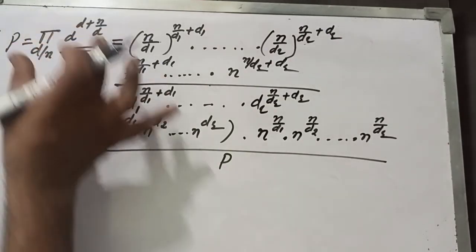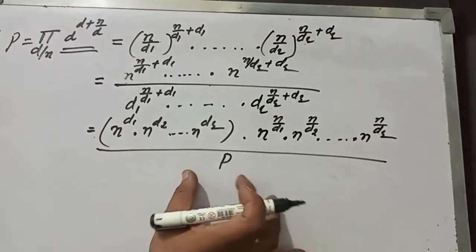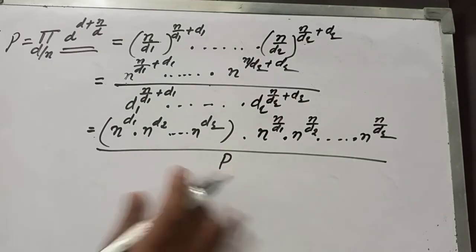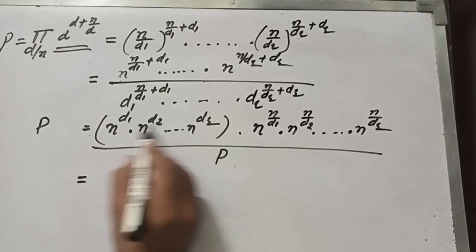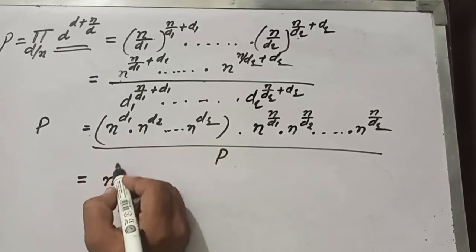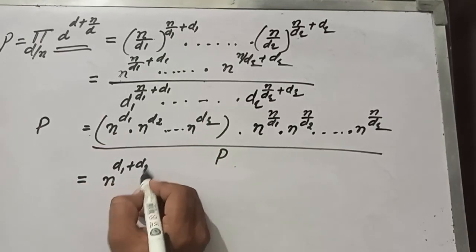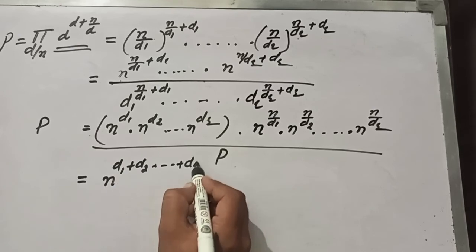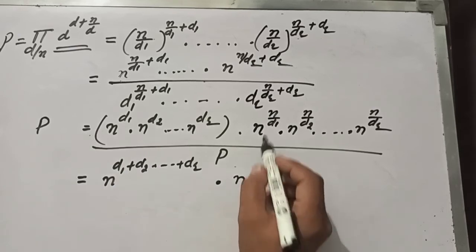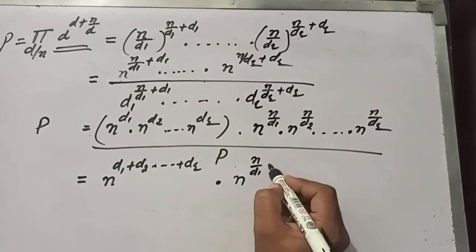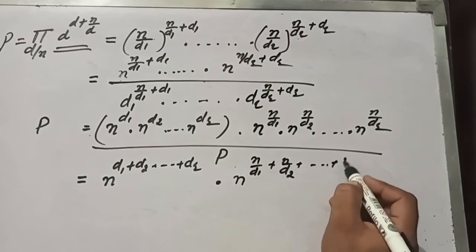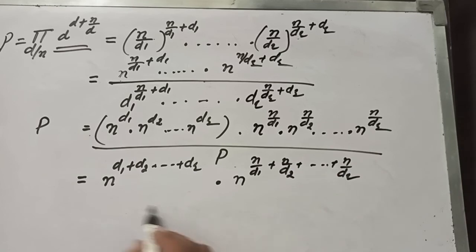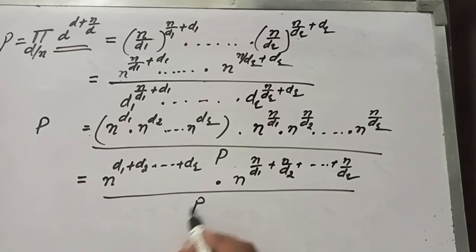Now see, n raised to power d1, n raised to power d2, powers get added, so therefore n raised to power d1 plus d2 plus up to dr. Similarly, this is again n raised to power n by d1 plus n by d2 plus up to n by dr, divided by p.